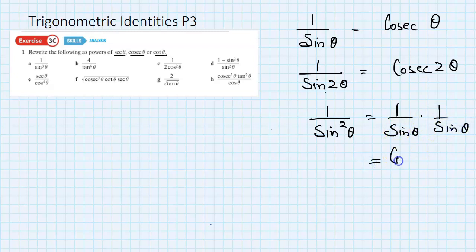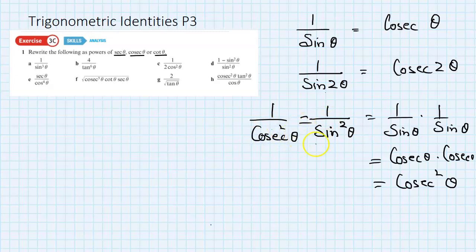So 1 over sine theta is cosec theta, and this is cosec theta. So we can just write it as cosec square theta.